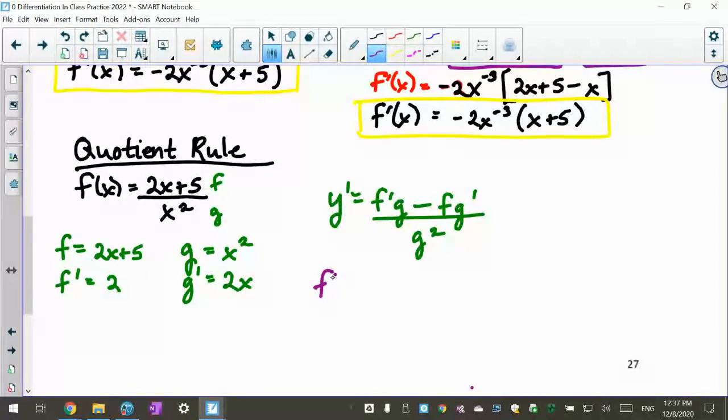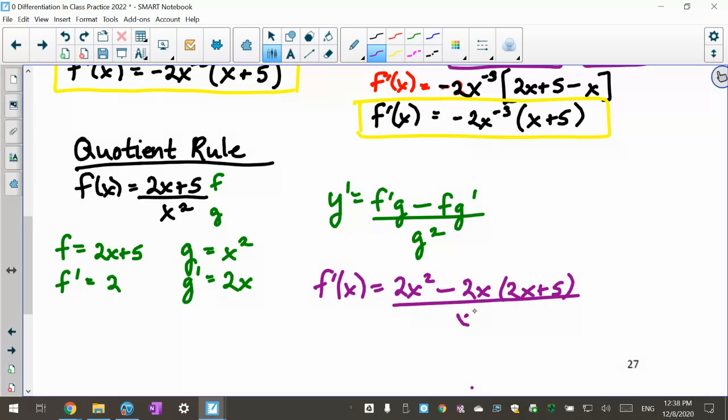So I've got f prime of x is going to be f prime g, so that's 2x squared, minus f g prime, so I'm just going to put the 2x in front of the 2x plus 5, all over g squared, so that's x squared squared, right?